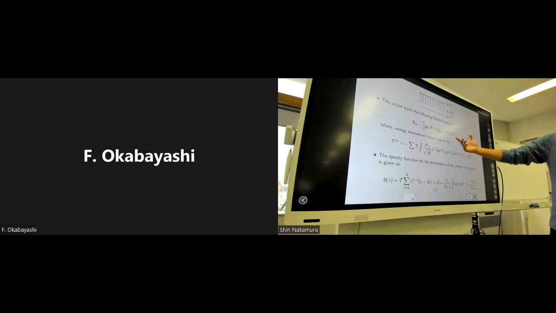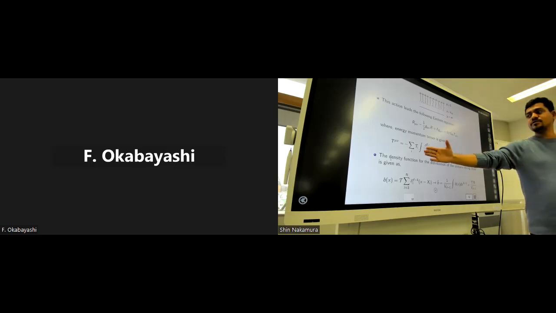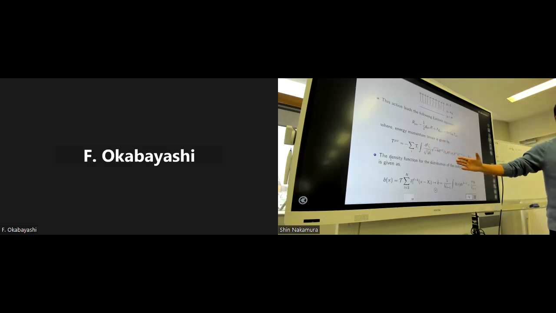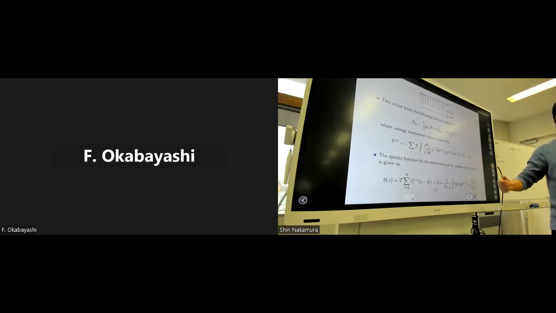Okay, now similarly you vary the matter part and you have this energy momentum tensor. So here you can see there is a (d-1) dimensional delta function which is basically coming because of the position of the string. Where there is a string, there is a delta function to specify the position of the strings.